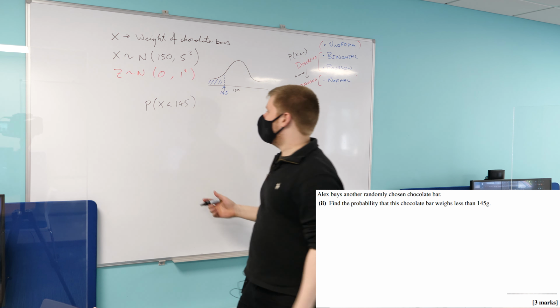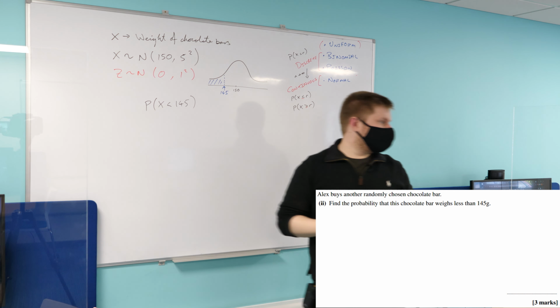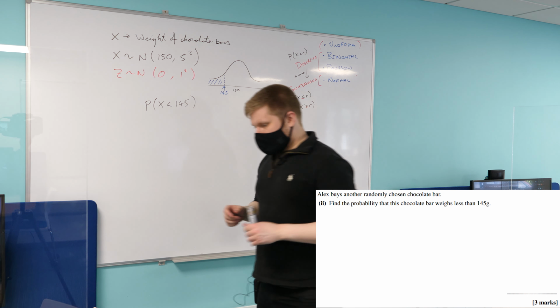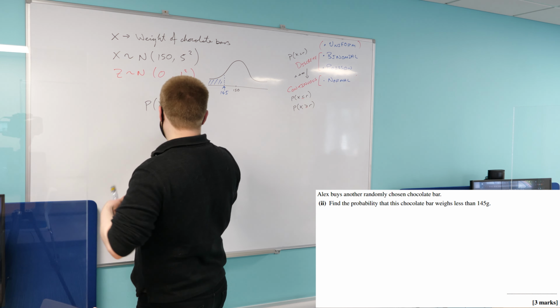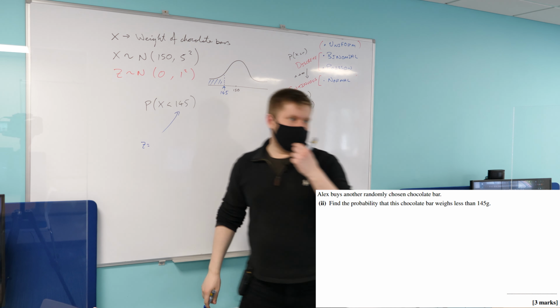Because it's continuous. So I want to figure out, well, okay, how can I translate it so that it's now on this new normal distribution with 0 as the mean and 1 as the variance? So can anybody remember, how do I take this 145 and how do I standardize it? How do I find the Z value?